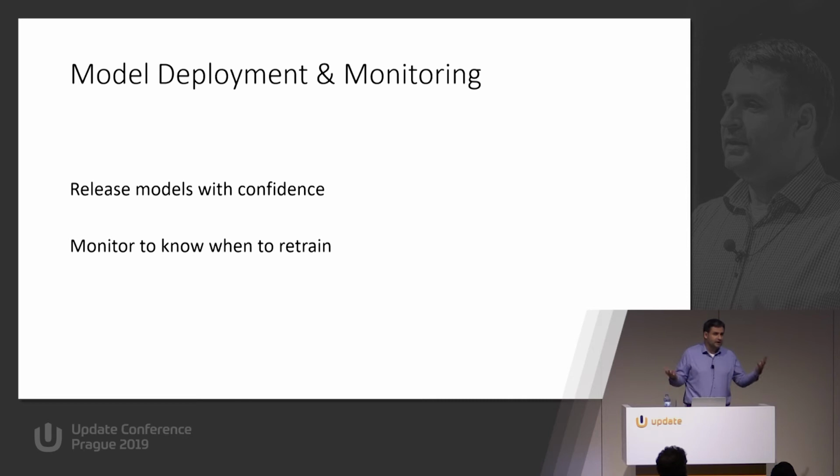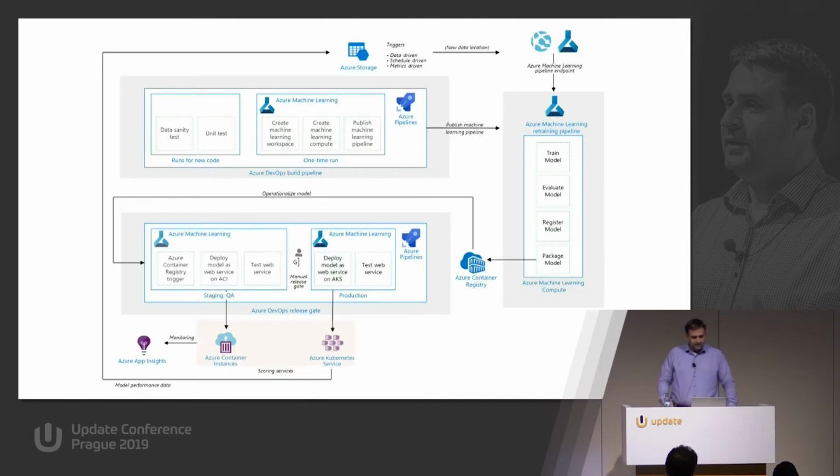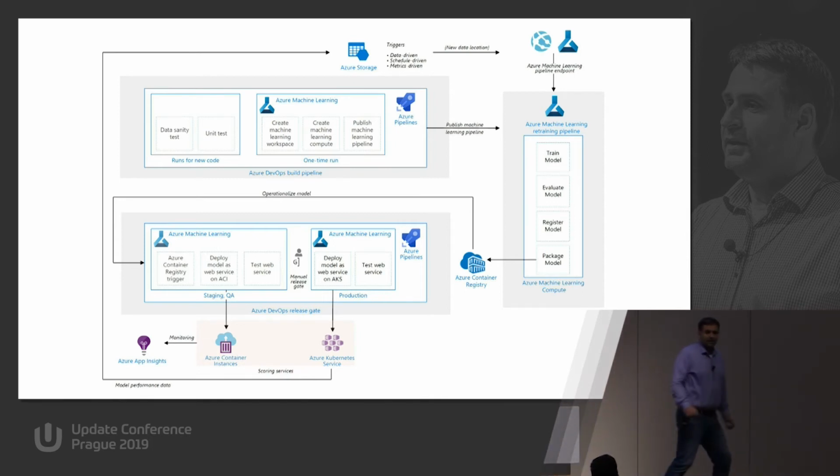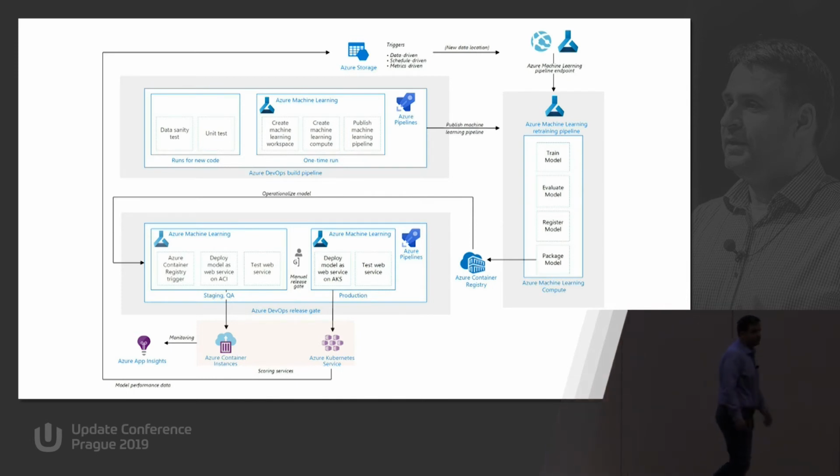And finally, obviously, and I've already mentioned that, I'm not going to talk too much about it, model deployment and monitoring. So this is a simplified architecture of an approach for DevOps in a machine learning project. We collectively refer to this as MLOps, machine learning operations.